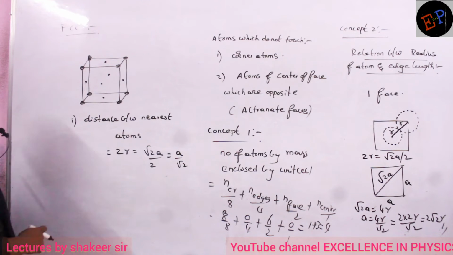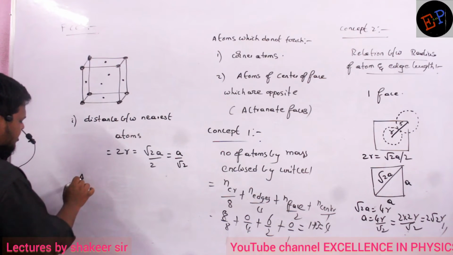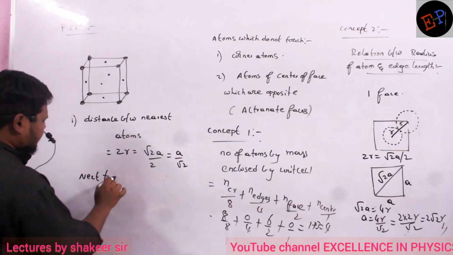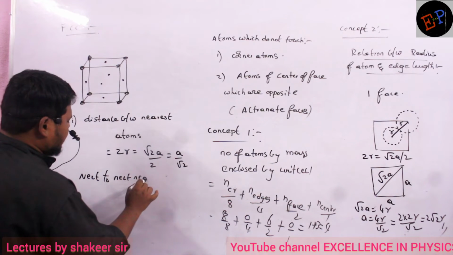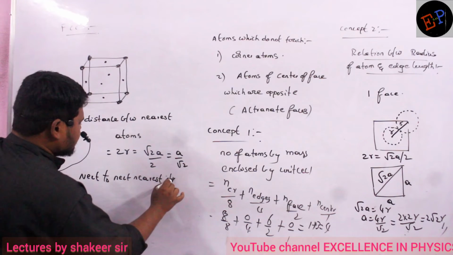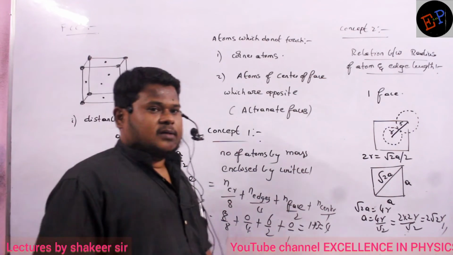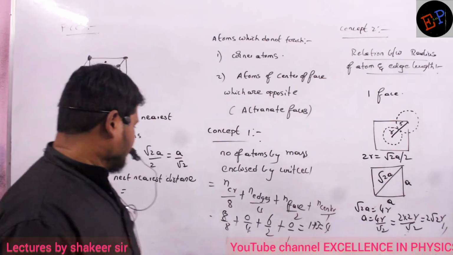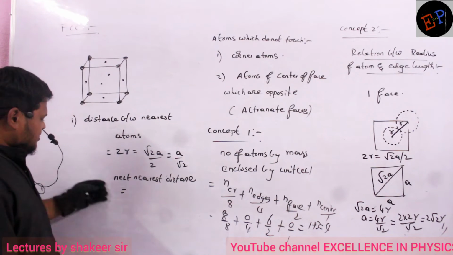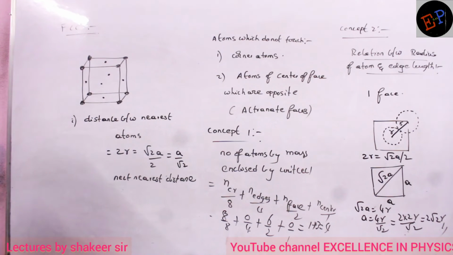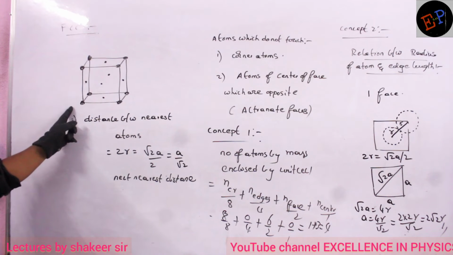Okay. So then next to next nearest distance? First of all, we write the next nearest distance. This is the diagram.